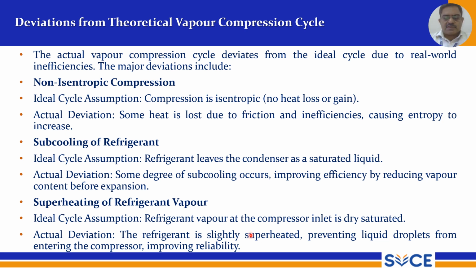The refrigerant is slightly superheated here because superheating of refrigerant vapor prevents liquid droplets from entering the compressor, improving the reliability. So that is the reason. If any droplets enter into the compressor, it will be spoiled. So that should be avoided.